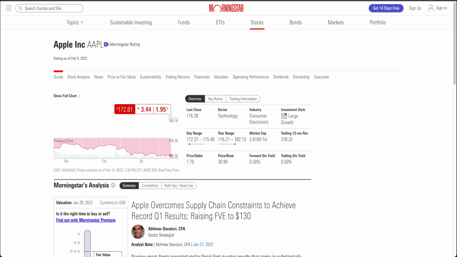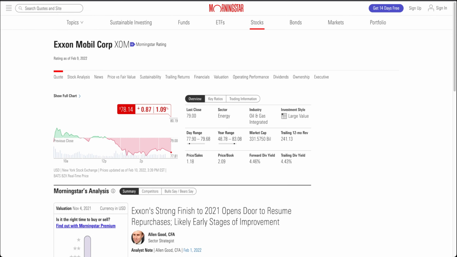Likewise, if we search for a company like ExxonMobil, here we can see the company falls into a large value style of investment. So ExxonMobil is a large cap stock with a value style. There is also a category of stock as per this investment style, which are a blend between growth and value.